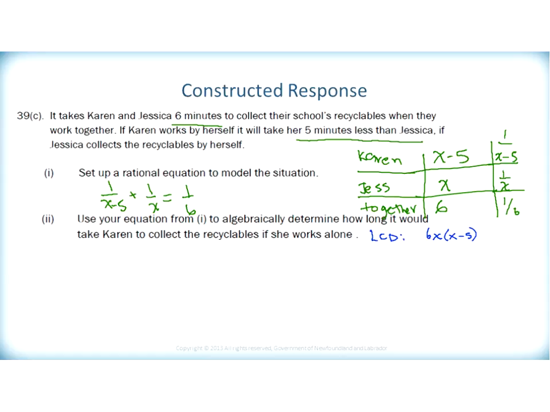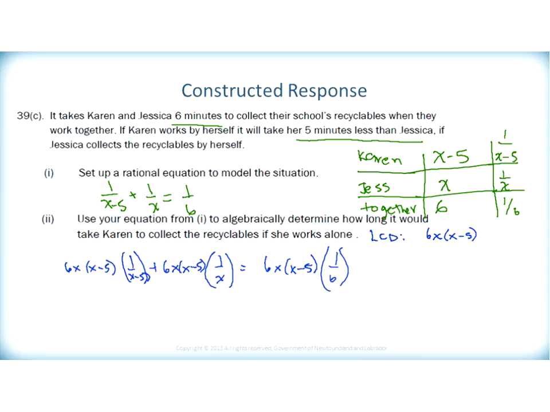So we have 6x outside of x subtract 5 times 1 over x subtract 5, plus 6x outside of x subtract 5 times 1 over x, which will equal 6x outside of x subtract 5. That's the lowest common denominator, multiplied by each term.